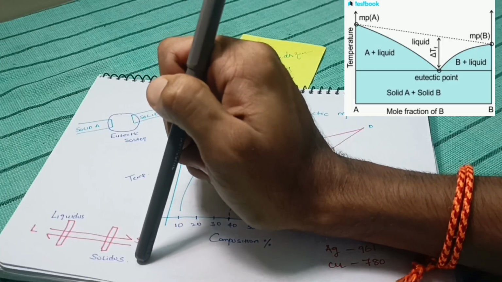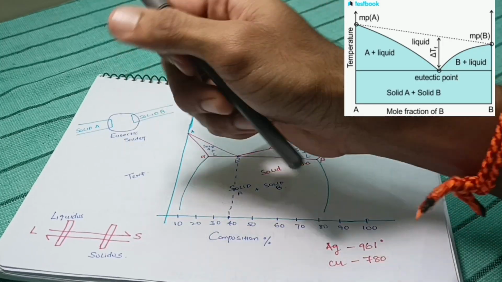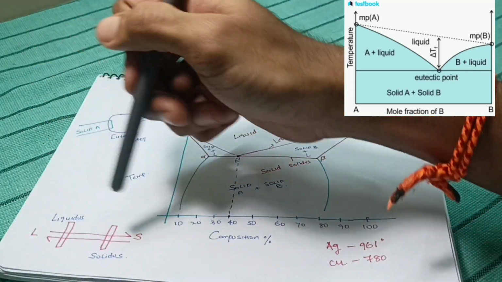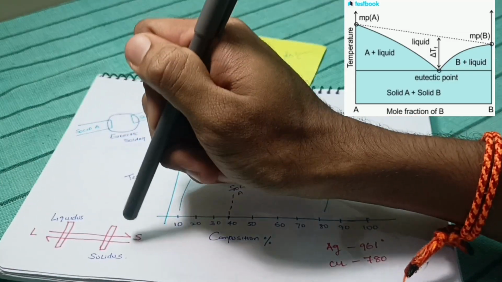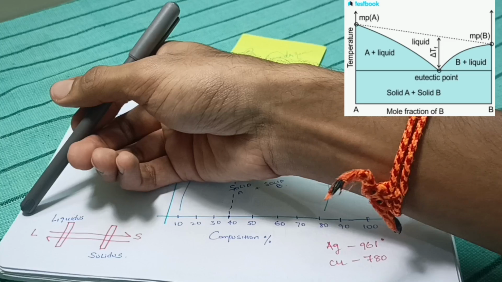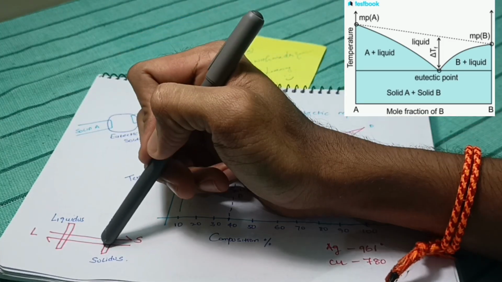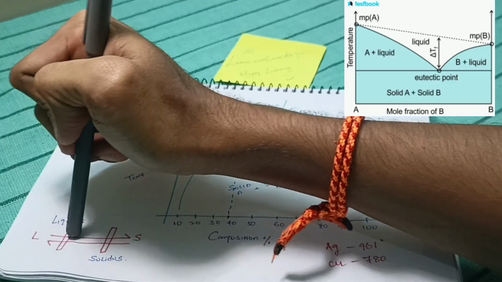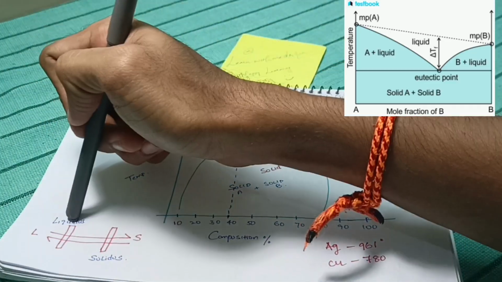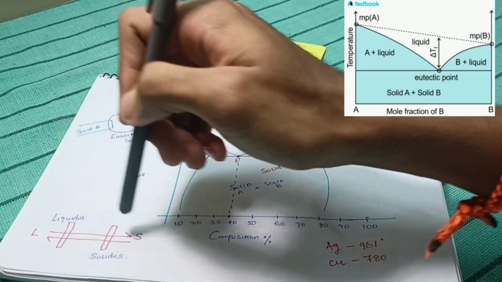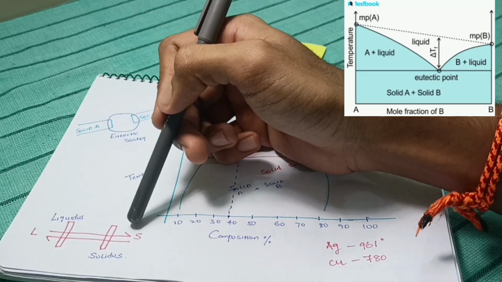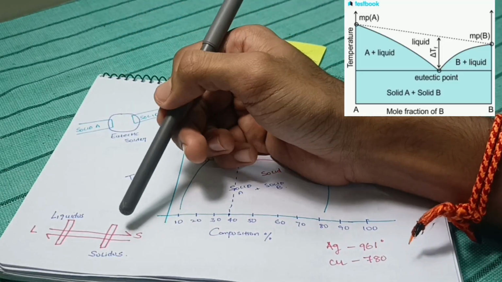In a similar way, when the solid is transforming into the liquid, the point where the solid starts turning into liquid is termed as solidus, and the point where it has completely changed into liquid is known as liquidus. So for a liquid, the first point is liquidus and the last point, completely solid, is solidus.